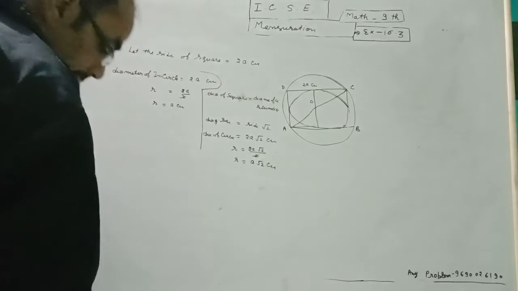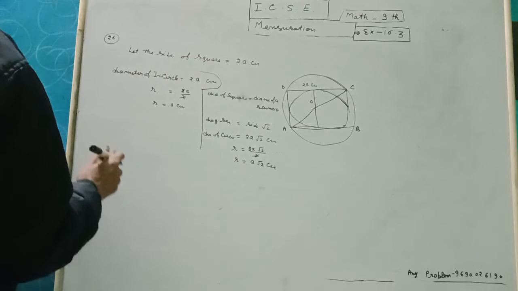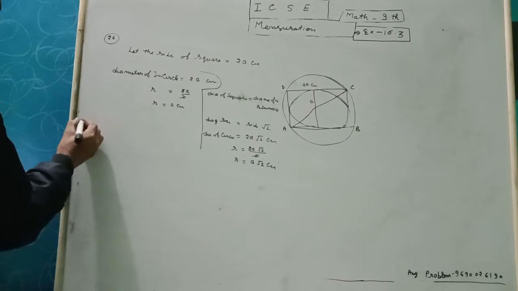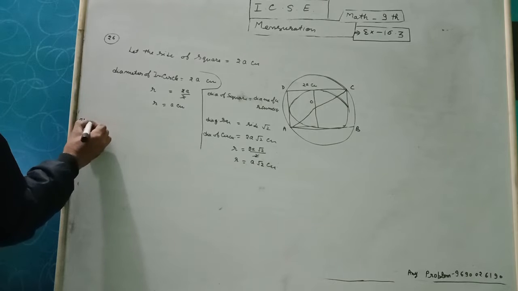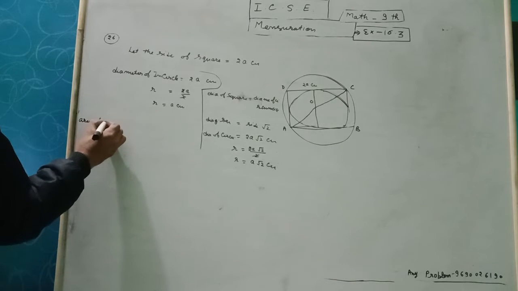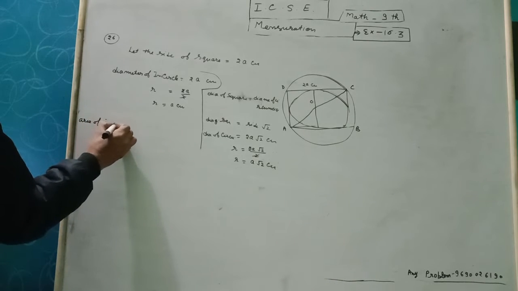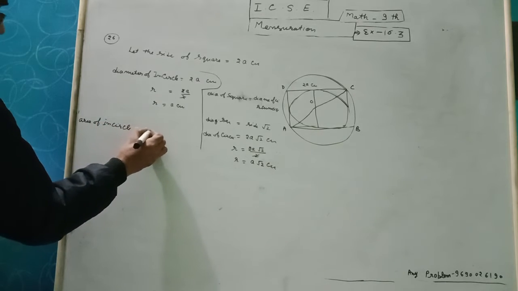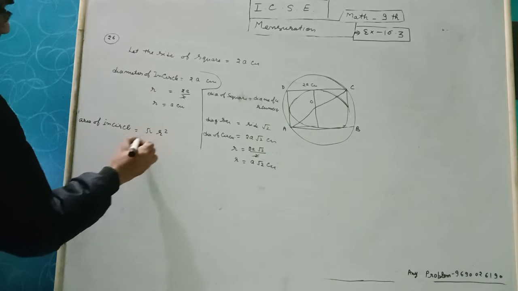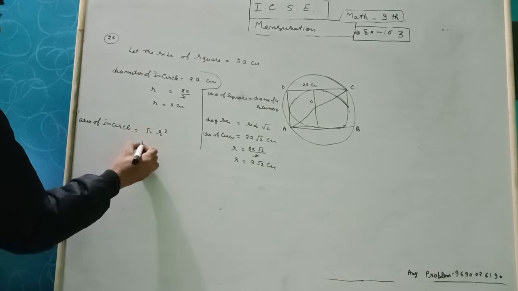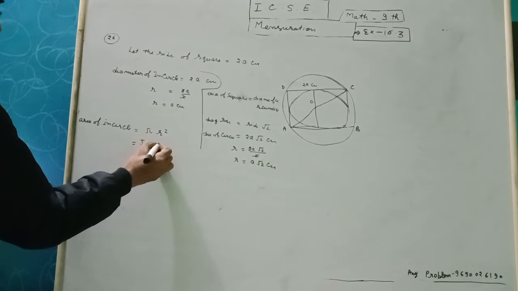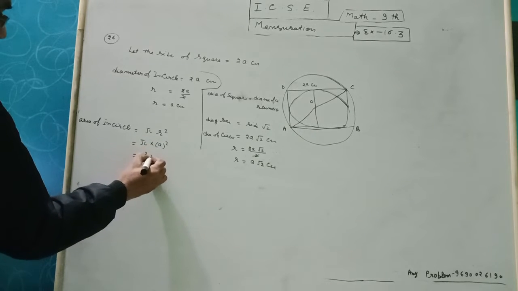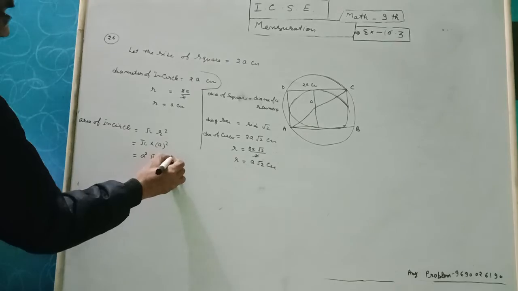Now we find the area of both circles. Area of the incircle is pi r square, which is a square pi cm square.